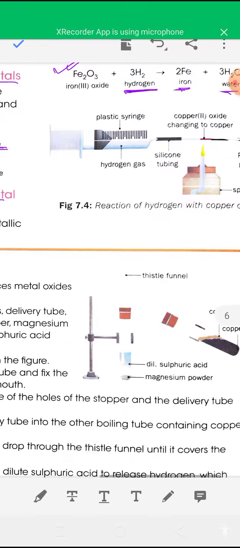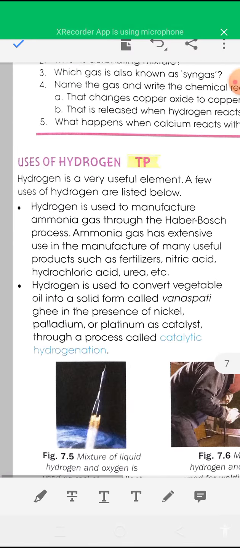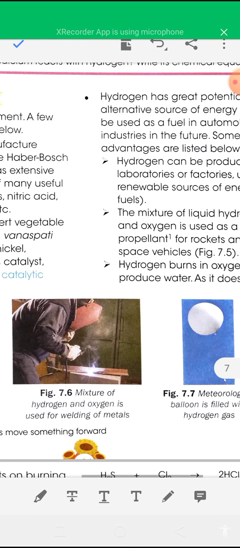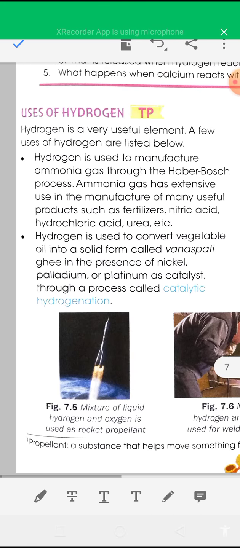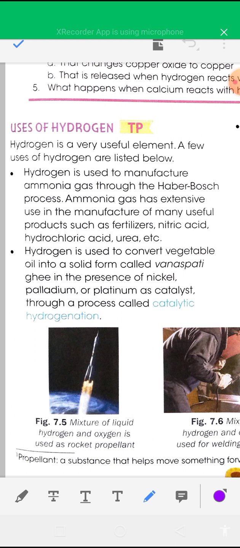Okay, and the last topic, uses of hydrogen. There are many uses of hydrogen. Remember any two or three uses. Hydrogen is used to manufacture ammonia gas through the Haber-Bosch process.